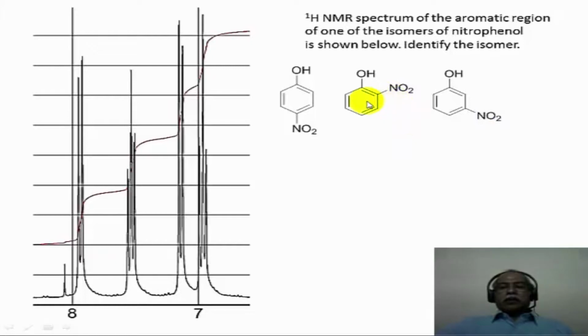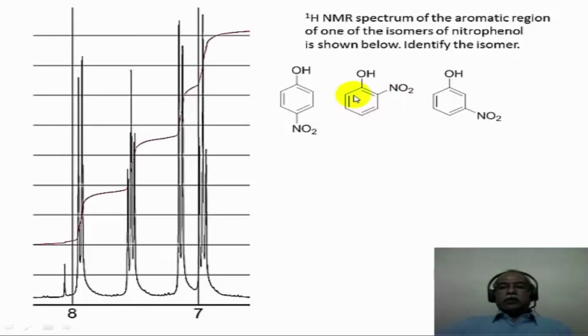Now in both the ortho-nitrophenol as well as meta-nitrophenol, you have 4 different chemically non-equivalent hydrogens. Hydrogen, which is this one, ortho to the hydroxy, para and meta to the nitro and meta to the hydroxy, this particular hydrogen, para to hydroxy and meta to nitro, this particular hydrogen here. And finally, ortho to the nitro, there is one more hydrogen.